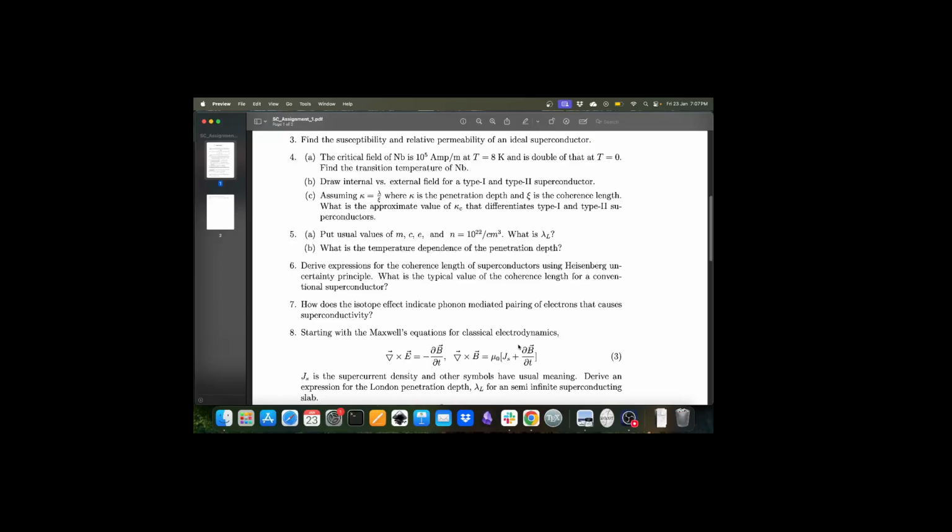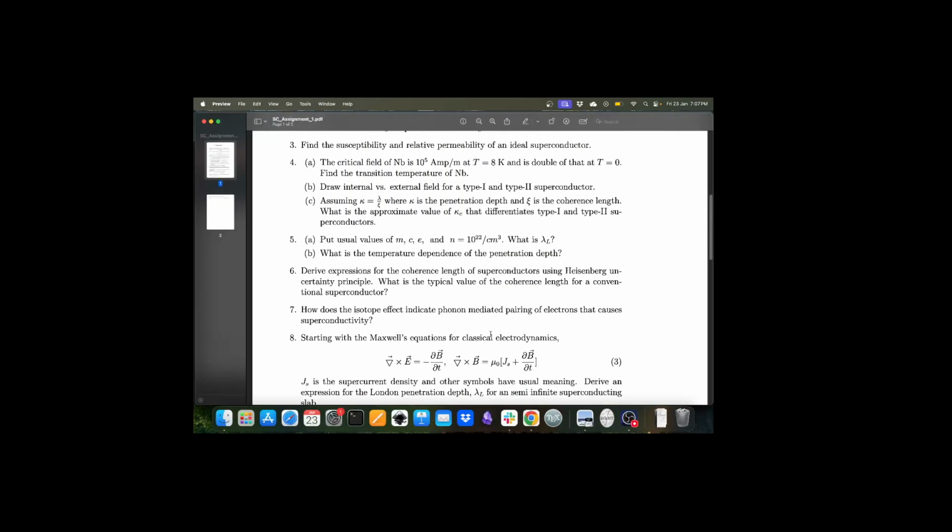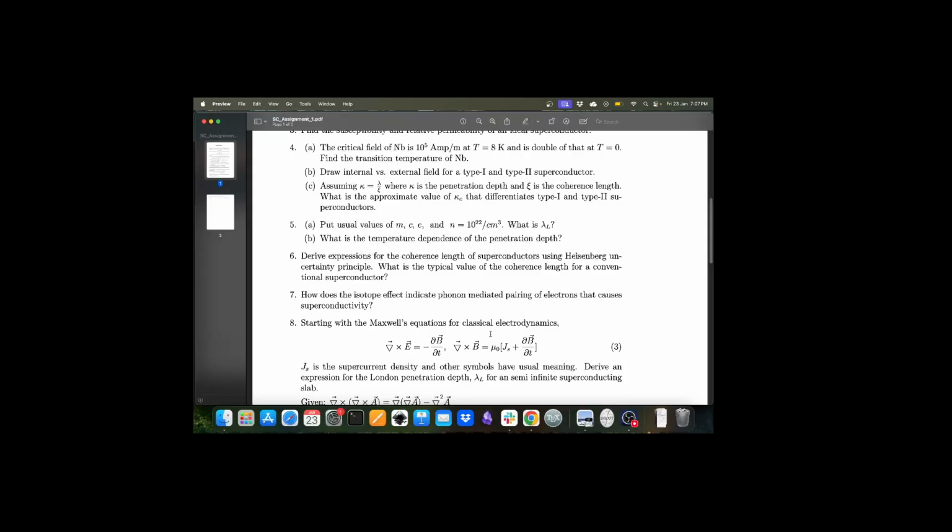Okay. So question 4. So any questions actually? Okay. So we have given, again some numerics, we have niobium.